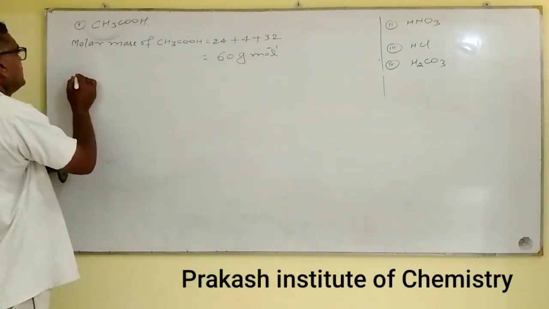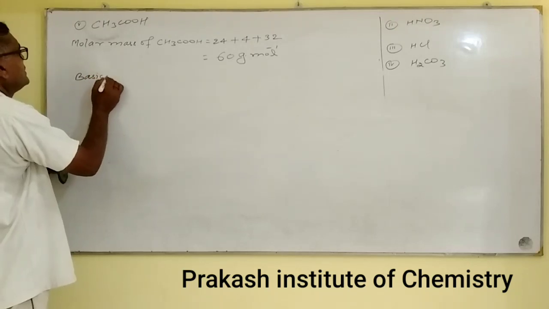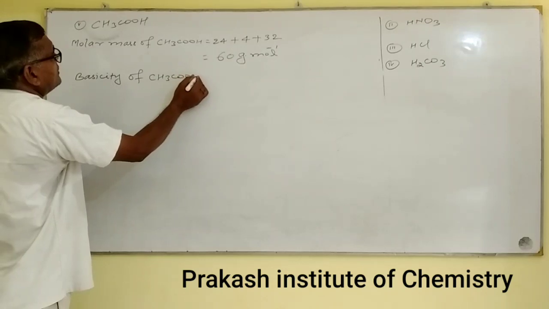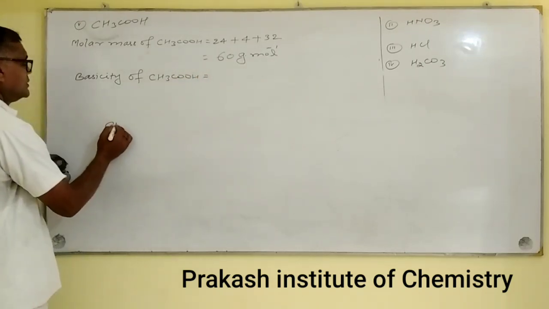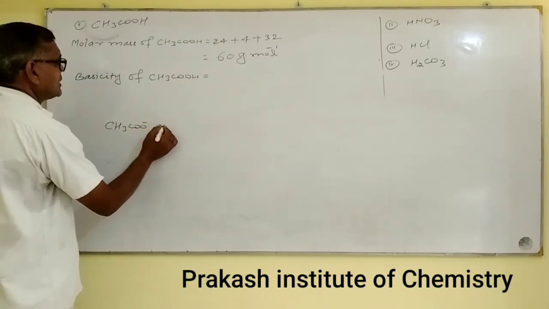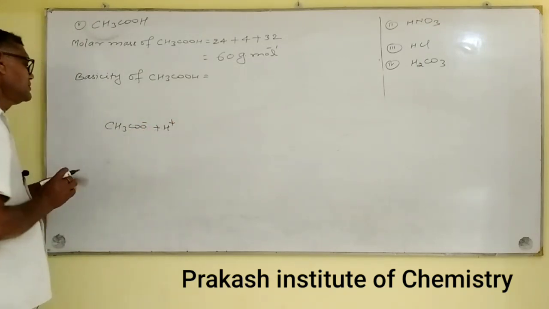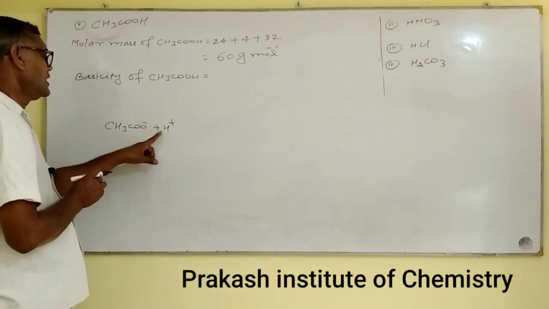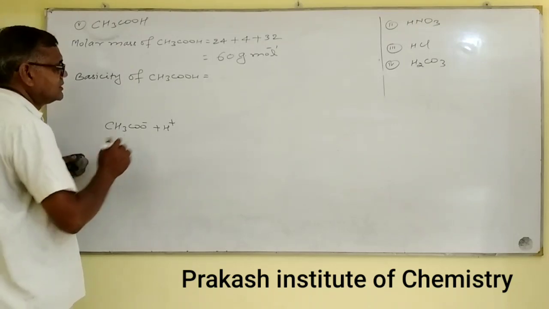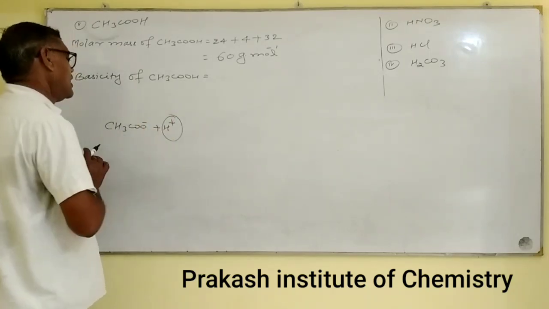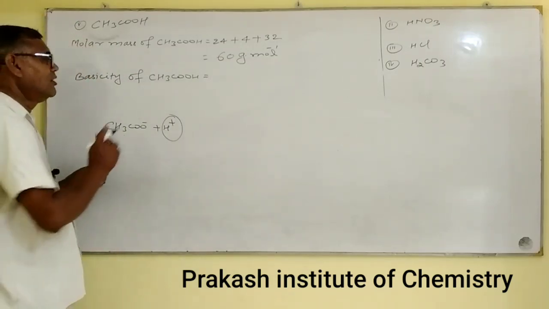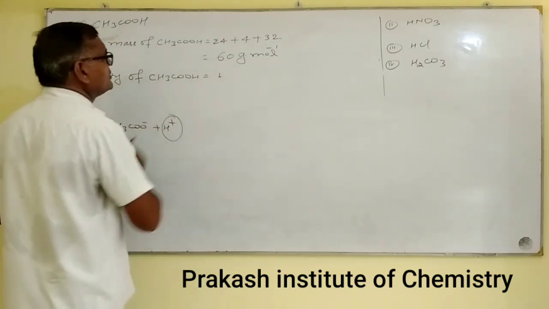Here we write basicity of CH3COOH. When CH3COOH ionize and give CH3COO negative charge and H plus positive charge. In acetic acid, one hydrogen ion is present. Therefore, basicity of acetic acid is 1.